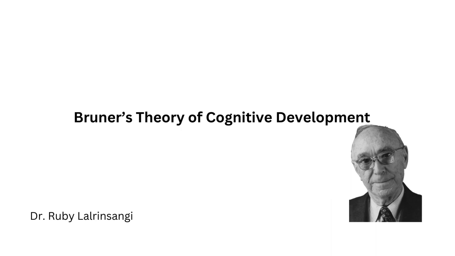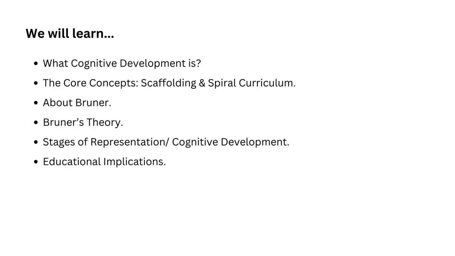Today we will build on that foundation as we explore Jerome Bruner's contribution to understanding how we learn. While we have covered the concept of cognitive development in our previous lesson on Piaget, a quick revision will help us refresh our understanding. We will understand the core concepts of Bruner's theory, which are scaffolding and spiral curriculum. These concepts are pivotal in understanding his theory, very important for educators to understand.